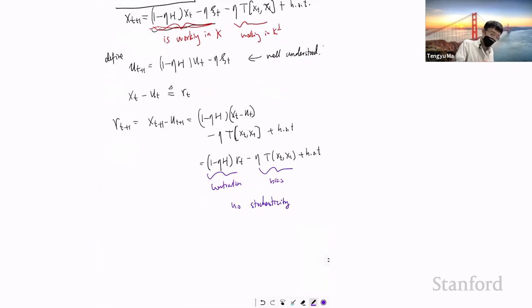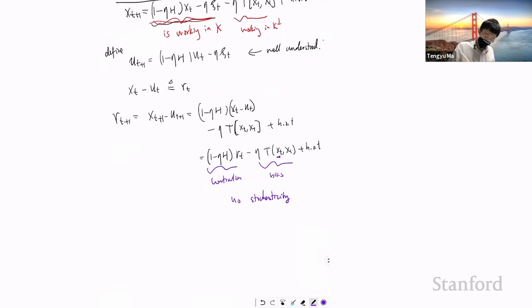There's still a little bit of stochasticity in x_t, but at least you don't have the ct term that you added intentionally, just because you are taking a diff with the stochastic trajectory. And you can actually remove the x_t as well, because you can claim that this is close to the version where you plug in u_t instead of x_t.